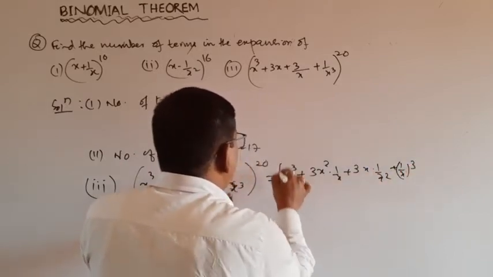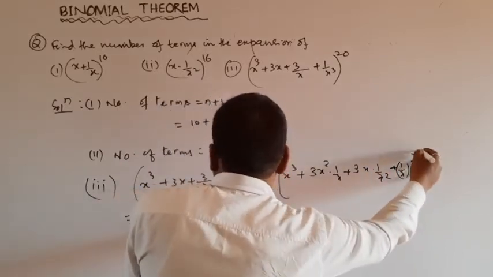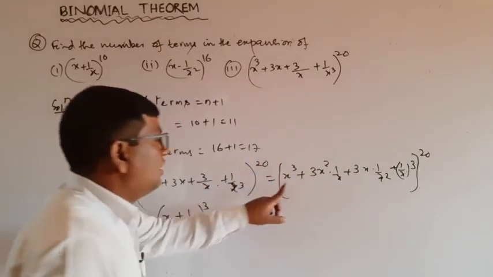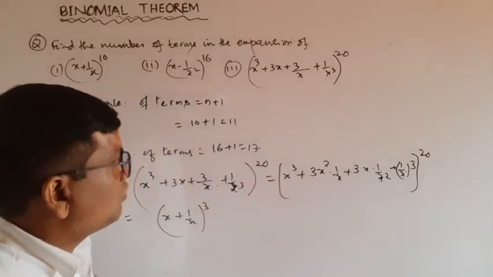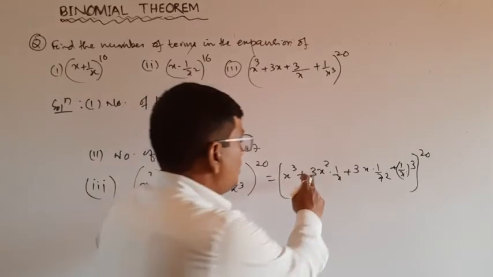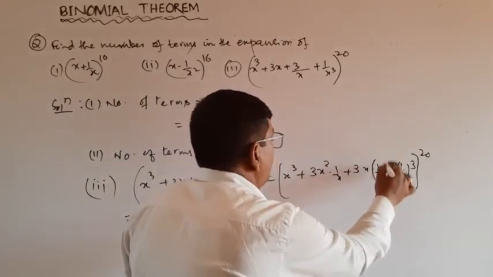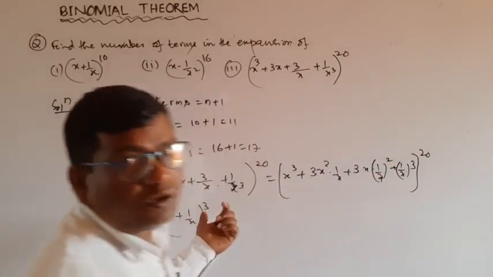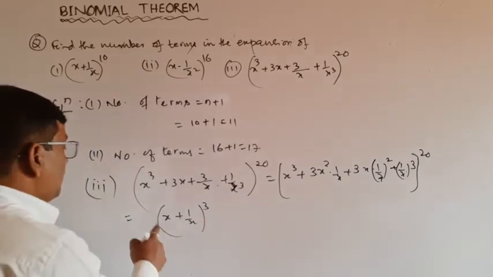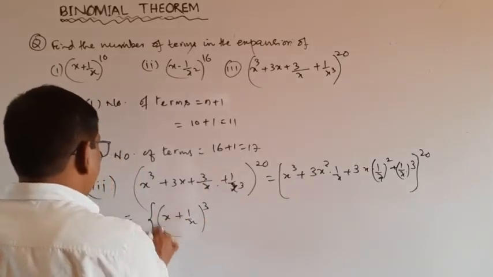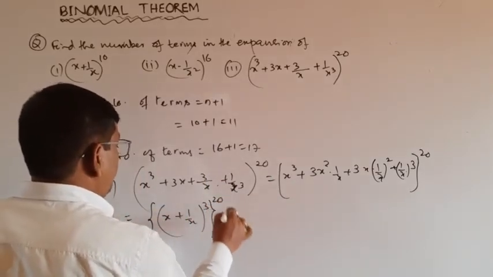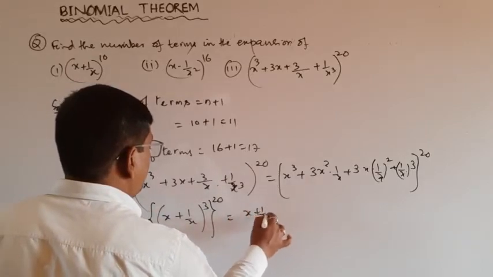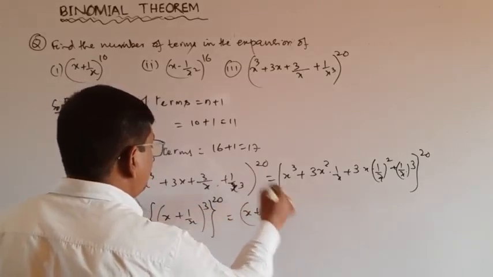So this is to the power 20. So a cube plus 3a square b plus 3ab square plus b cube is equal to (a plus b) whole cube. So this is (x plus 1 by x) whole cube to the power 20, so (x plus 1 by x) whole to the power 60.